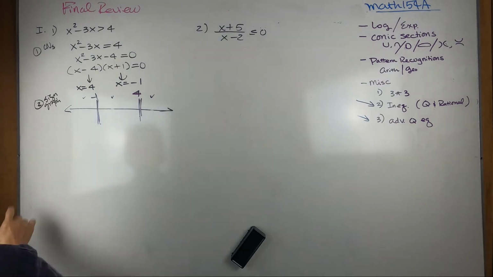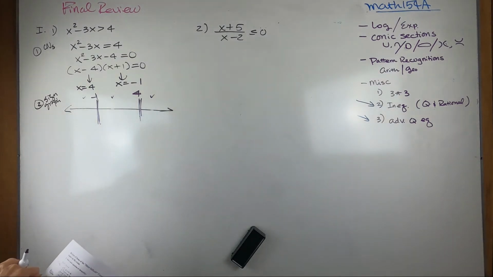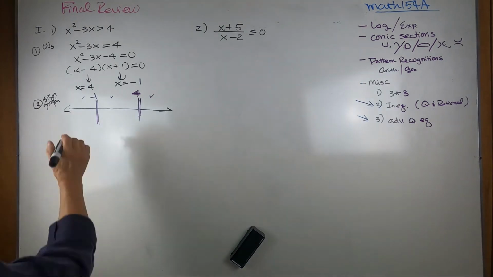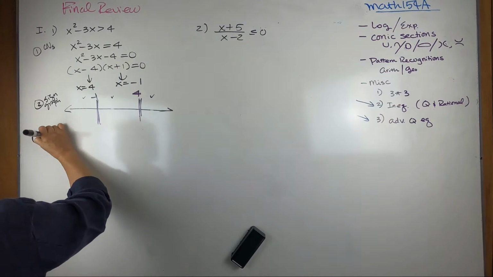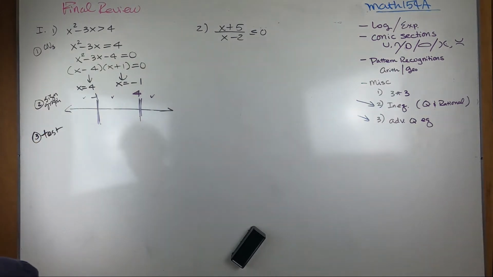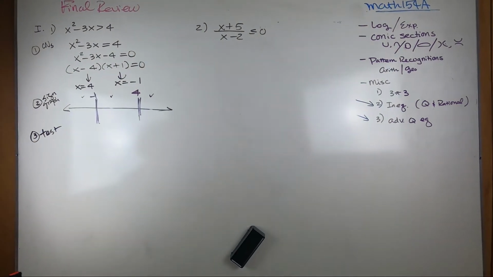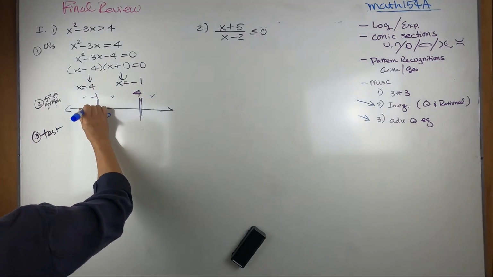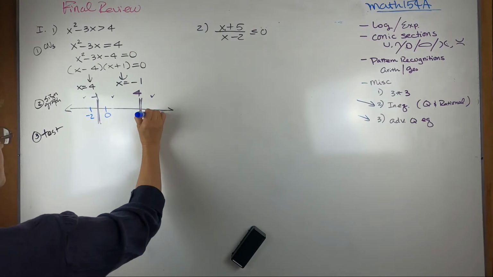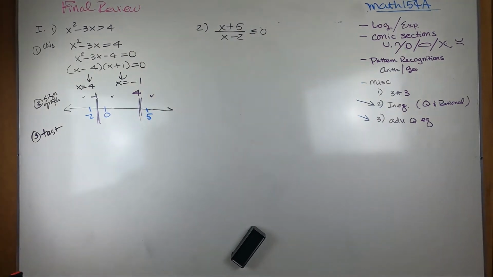Then this is your sign graph. Then to decide which region will be your answer, you need to do a test. Okay, how do we do tests? We choose a number, so we probably just choose any simpler number, right? Simpler numbers to do that.